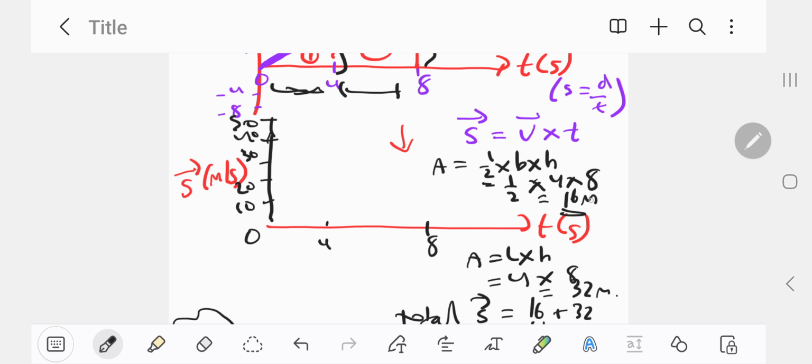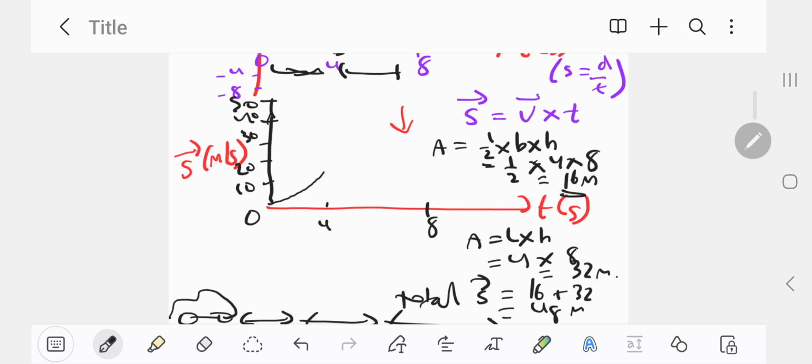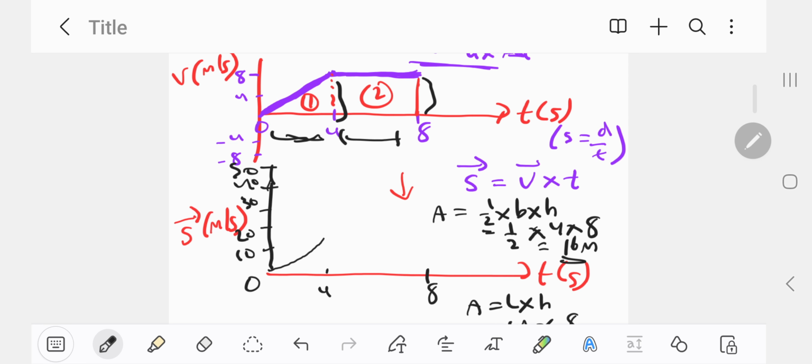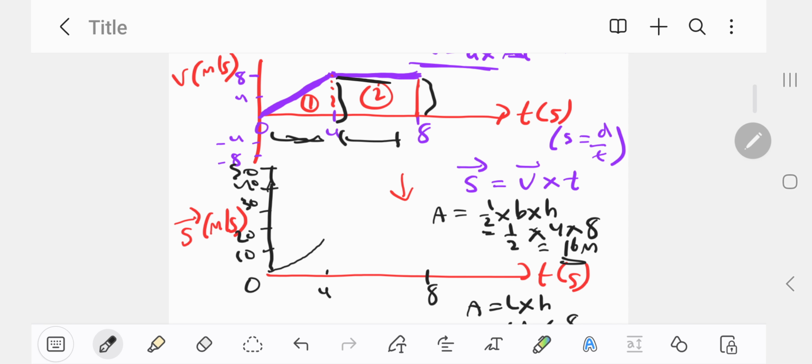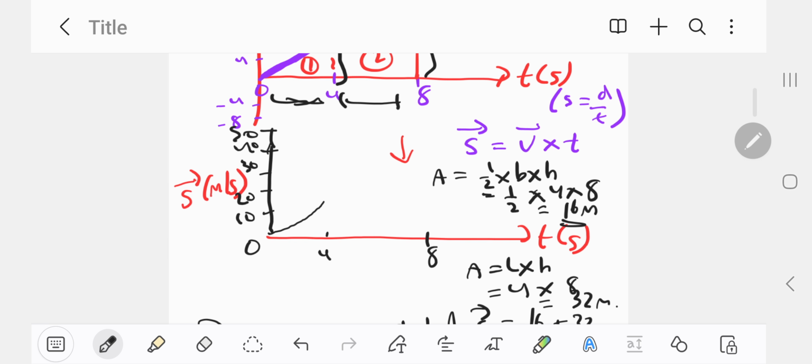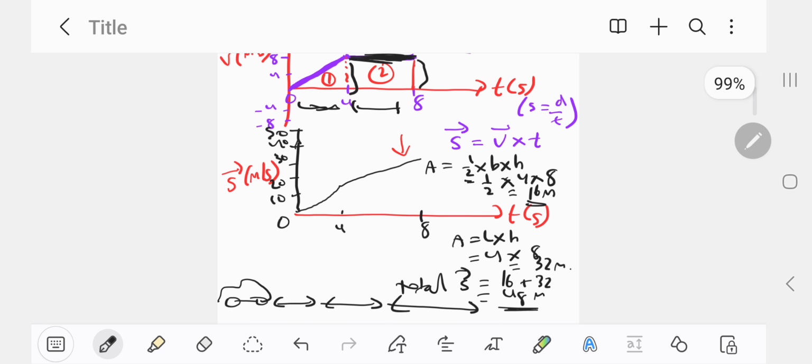So it increases rapidly to 16 meters like this. So you start here at 0, increase rapidly to about 16, which is there. Then from 4 to 8 seconds, you get a straight line. You get constant velocity here. Constant velocity means you're moving at the same velocity, 8 meters per second. So from 4 to 8, it's a straight line, it's constant. Straight lines look like this. So it looks like this, and then straight like that. And that's it.